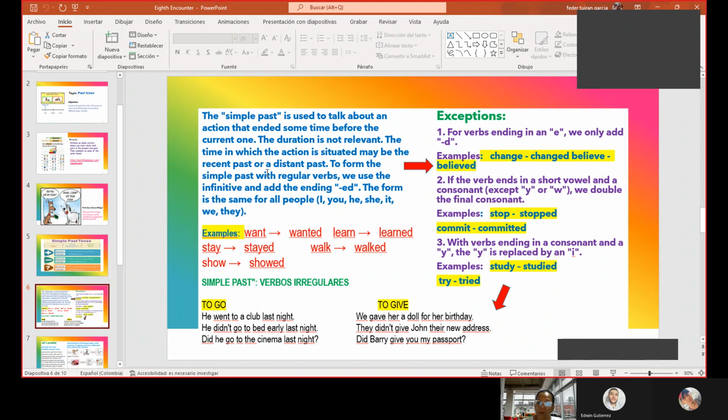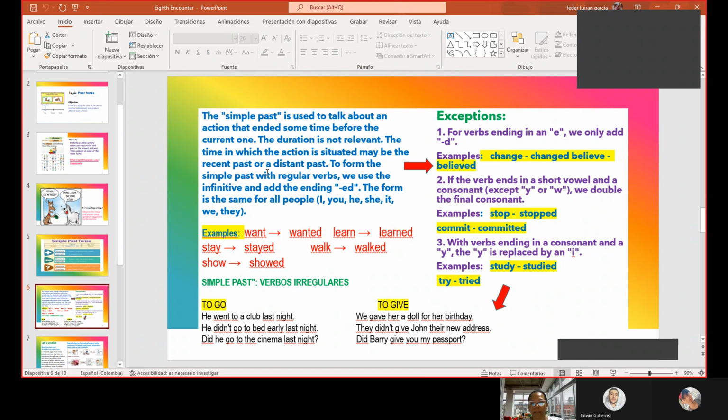Well, so we need to bear in mind that in this sense, we need to use two kinds of verbs: regular verbs and irregular verbs. We were practicing irregular verbs in the first activity, the warm up. Well, regular verbs are those that we need to add ed at the end, only ed.